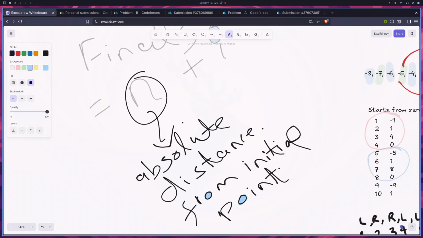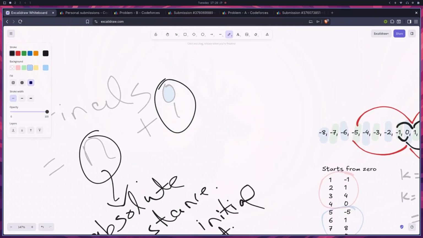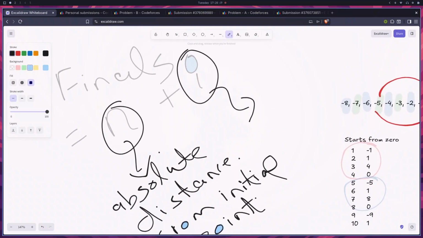So n decides the absolute distance from the initial point, and after integrating this initial point in the answer, we'll get the final answer. Like how in physics problems we used to do the moment of inertia about the center of inertia, and then the moment of inertia of that center. Similarly, here we'll do the distance from zero, the absolute distance, and then the initial position.